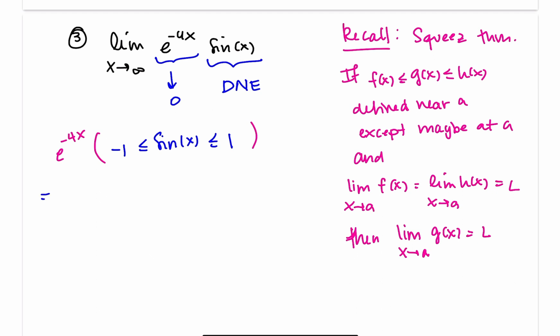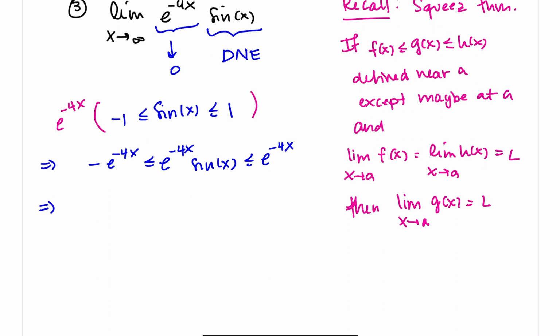I get now that negative e to the negative 4x is less than or equal to e to the negative 4x sine of x, which is the function that we're trying to find the limit of, less than or equal to e to the negative 4x. I don't know if this is easier for you to see, but if you think about it, the fact that you have a negative exponent tells you that you can just bring it to the denominator. So maybe this way you can see what's about to happen a little bit easier.